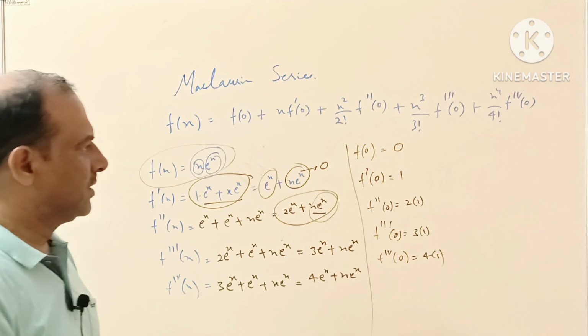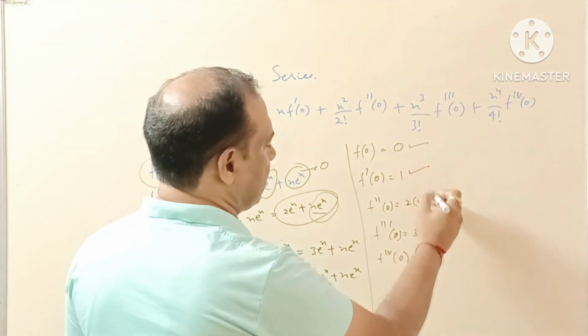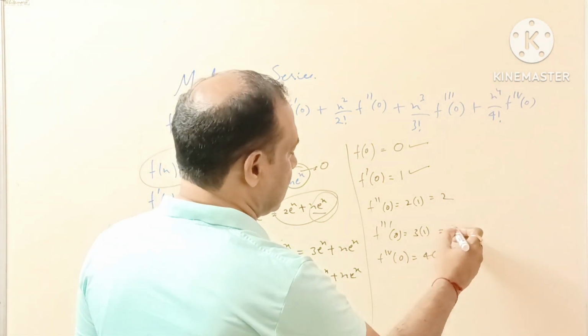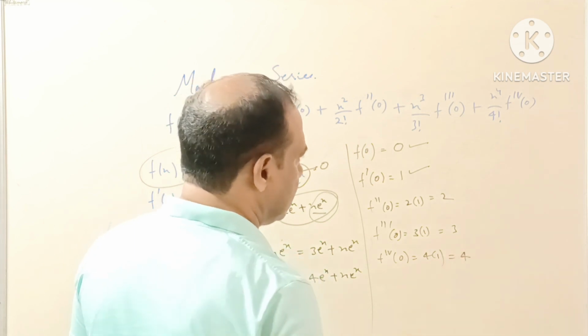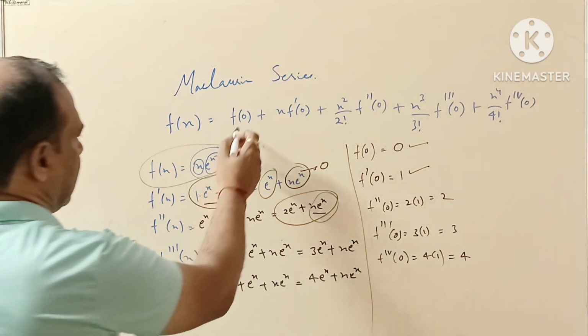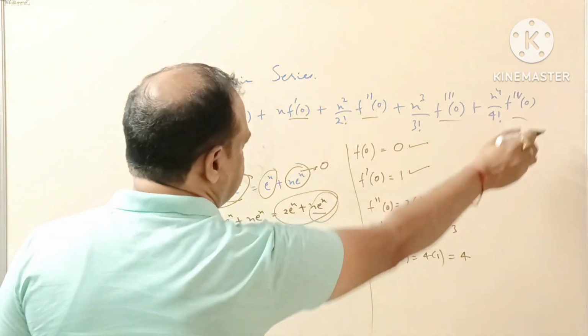This simply means that for f(0) we have 0, for f'(0) I have 1, for f''(0) I have 2, for f'''(0) 3, and for the fourth derivative I have 4. These are my answers for f'(0), f''(0), and so on.